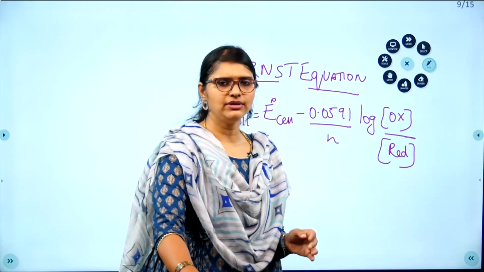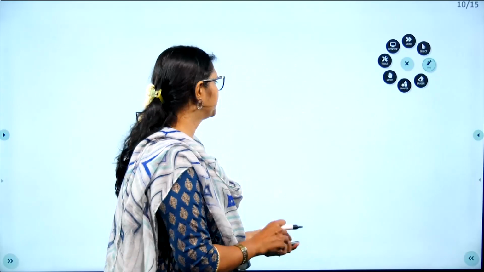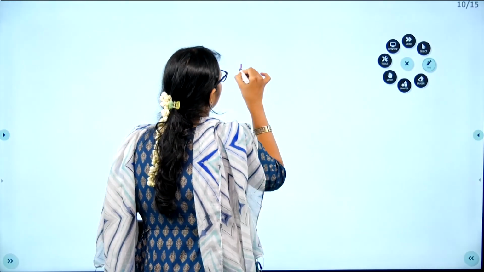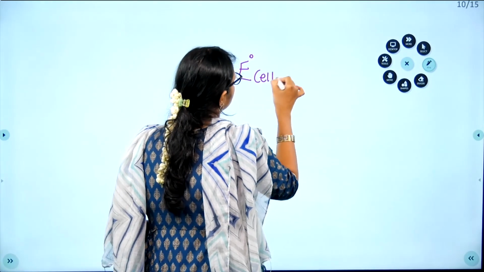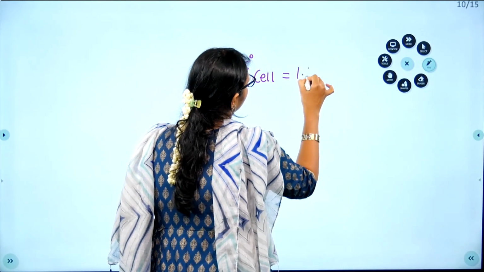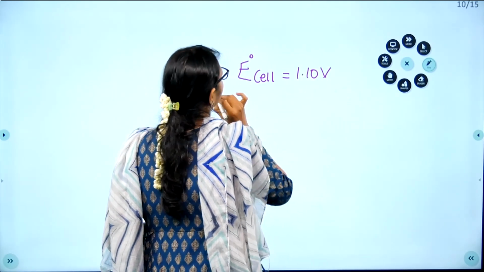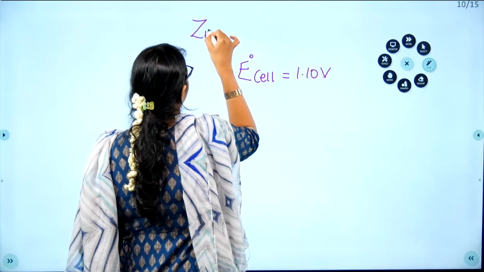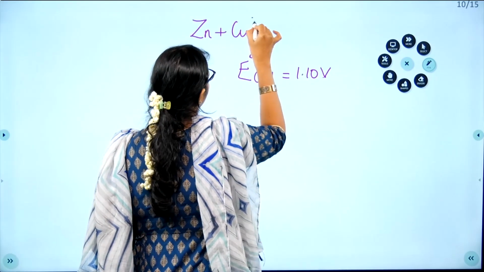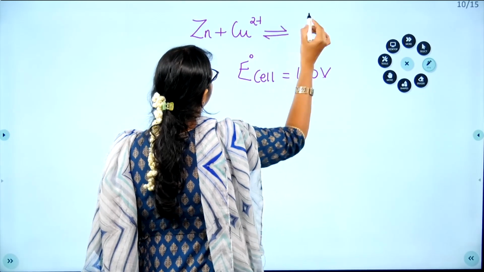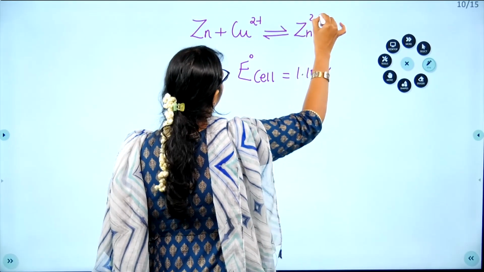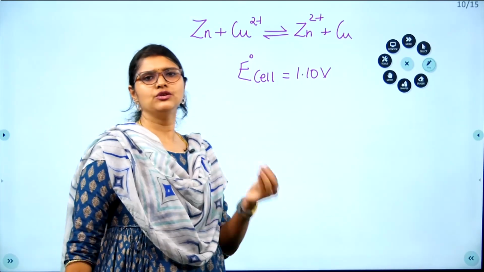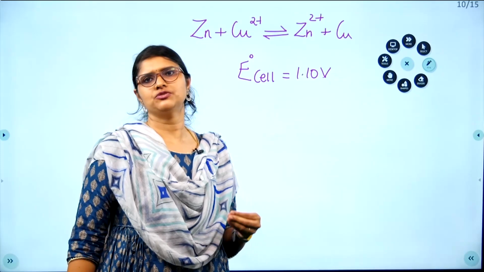Now let us take one example and see how to calculate E cell. You know that E naught cell for Daniell cell will be 1.10 volt. And what is the redox reaction which is occurring? I am just writing the ionic equation: Zn plus Cu2 plus gives Zn2 plus plus Cu.